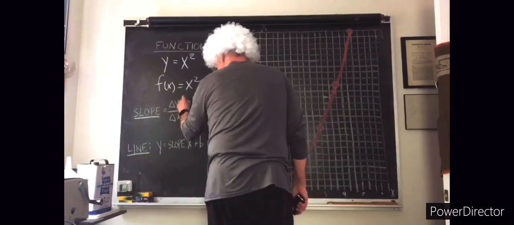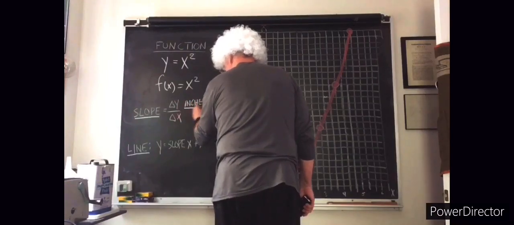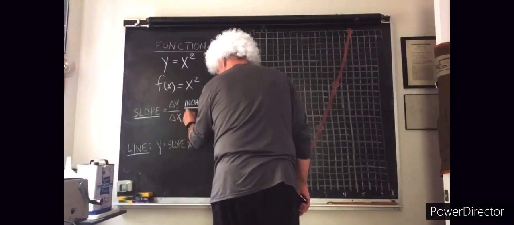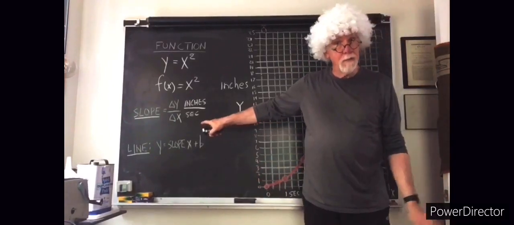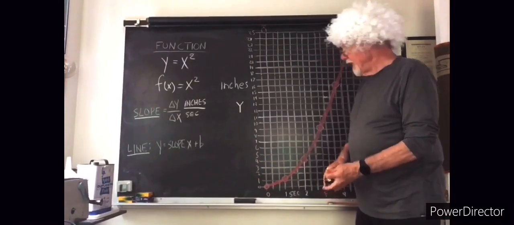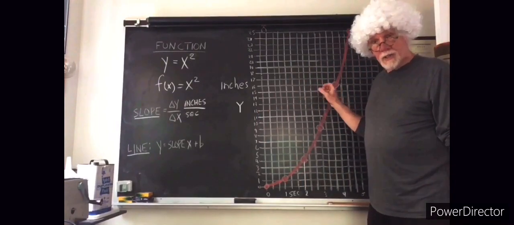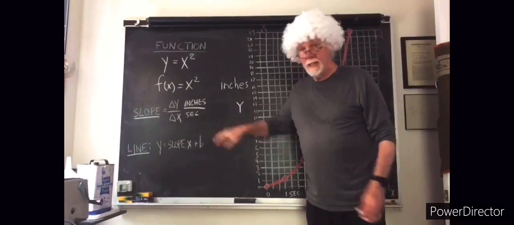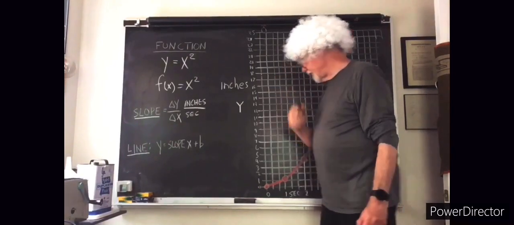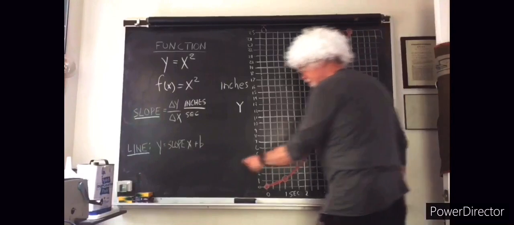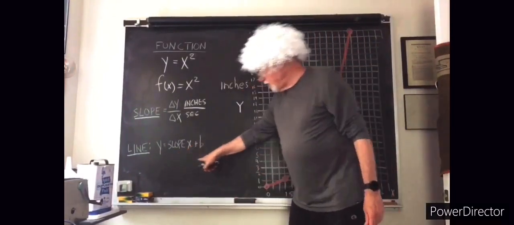And they're going to be in inches per second. And inches per second is a unit of speed. So that means the slope on this curve is going to give us the speed at which the truck was traveling.